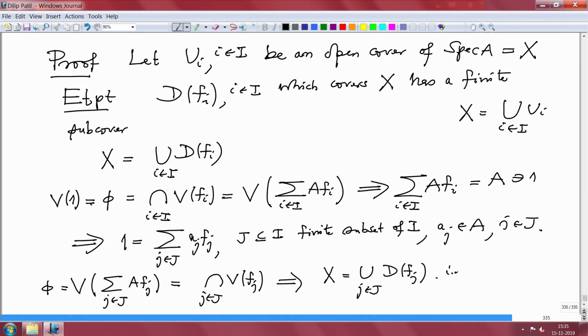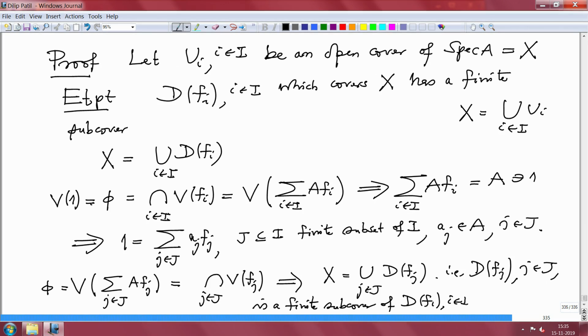So that is, D(f_j), j in J, is a finite subcover of the original cover D(f_i). So that shows that it is quasi compact.